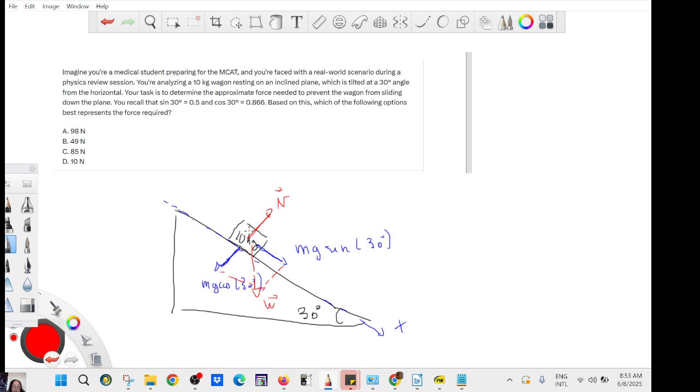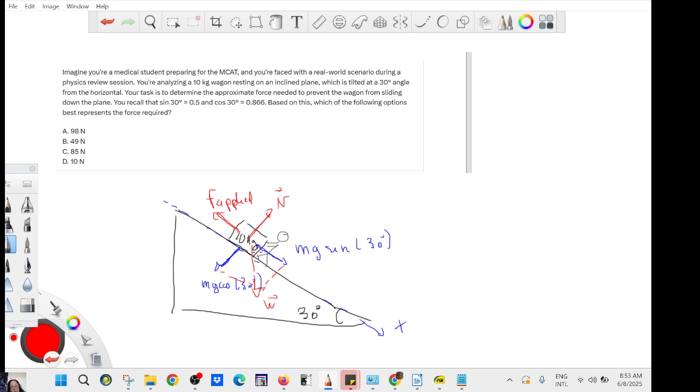Then you can add friction or applied force. So in that case, you have an applied force here. Someone is applying a force. So we have students here applying a force, F applied.